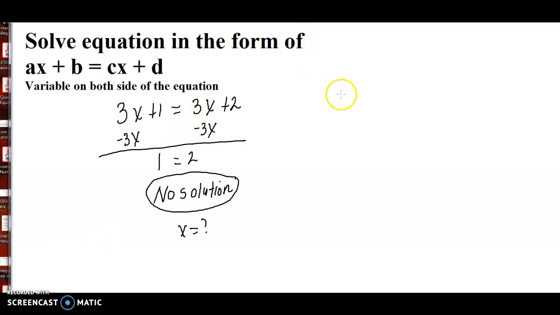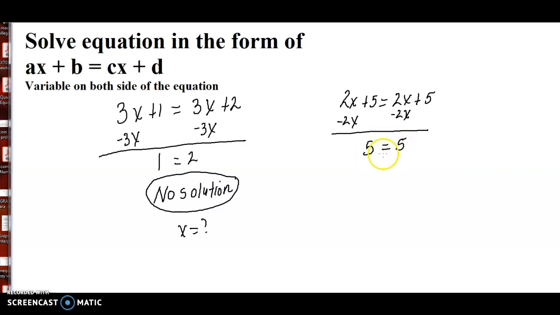Now let's look at this problem. We have 2x plus 5 is equal to 2x plus 5. When I go to subtract 2x from both sides of this equation, look at what I end up with. This says 5 equals 5.